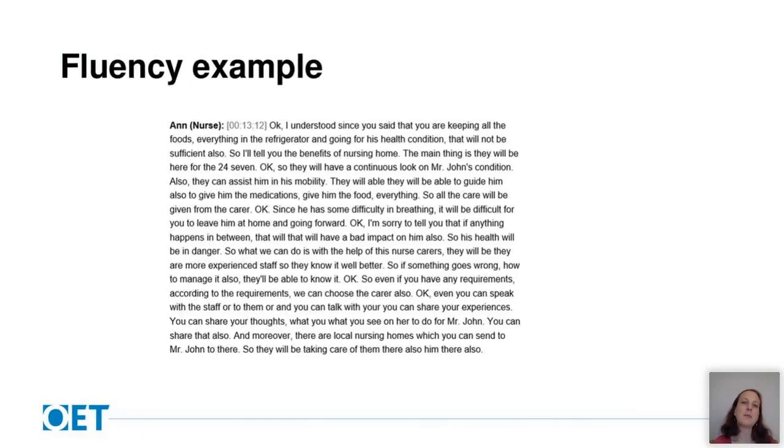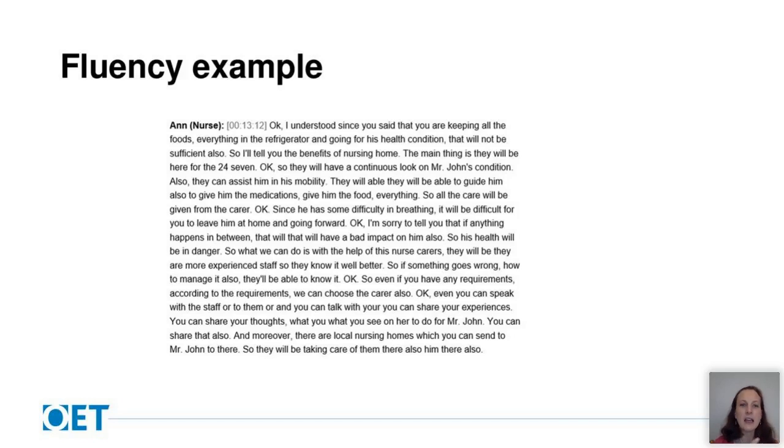So here's an example. Well, this nurse is demonstrating good fluency in that they can manage to continue speaking for such an extended turn. But if you have a look at the topics that they're covering, a lot of information without pause. And it was at quite a fast speed, which would be confusing to the patient.